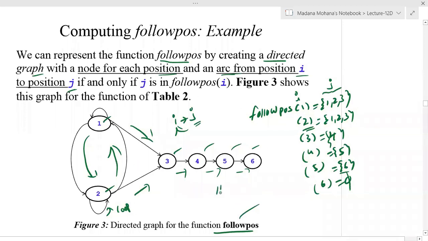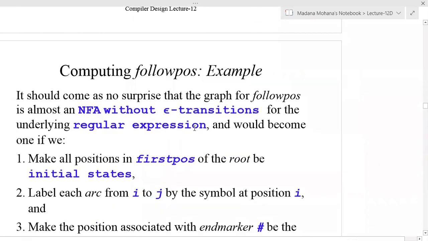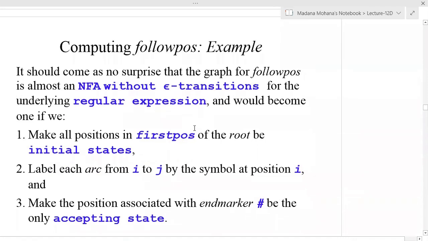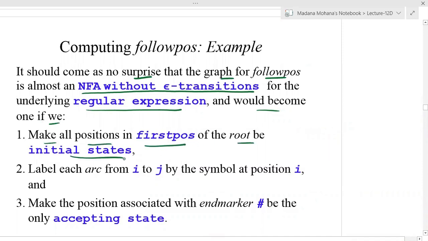Now this graph is converted into an NFA with a slight modification. Directly this looks like an automaton only. Now see how to convert it into an NFA. It should come as no surprise that the graph for follow position is almost an NFA without epsilon transitions for the underlying regular expression, and would become one if we make all positions in the first position of the root become the initial or start state in the syntax tree.